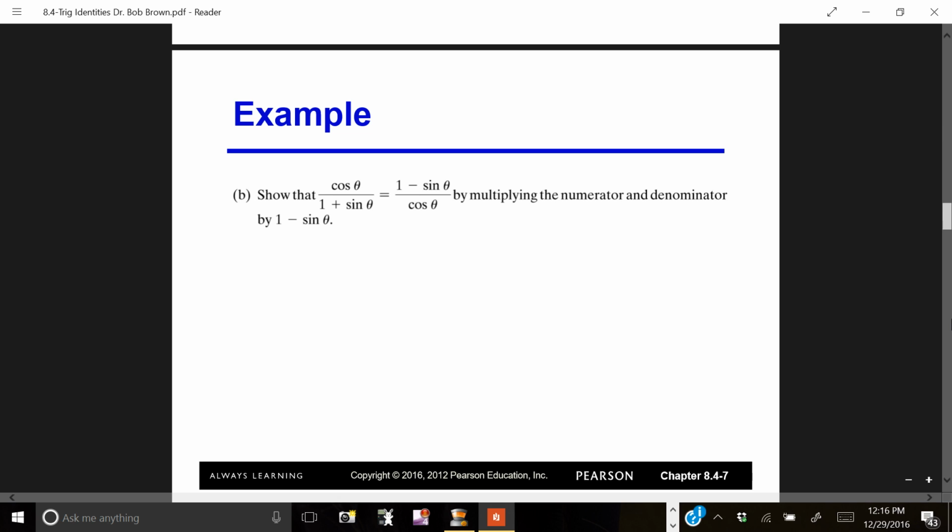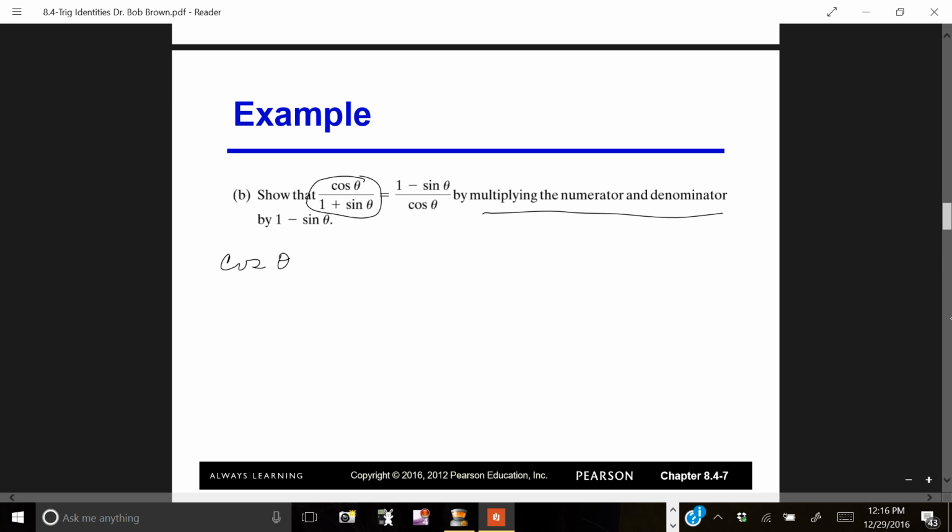Now we want to show that cosine of theta over 1 plus sine of theta is equal to 1 minus sine of theta divided by cosine of theta by, in this case, they're giving us a hint, multiplying the numerator and denominator by 1 minus sine of theta. So let's do that.